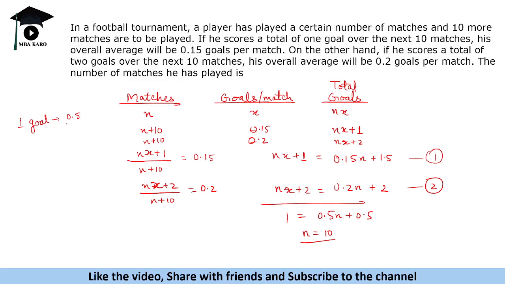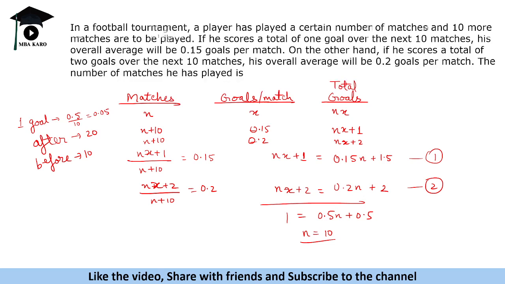So afterwards he must have played 20 matches, since 0.05 is the change in his average over 10 matches. So before, he must have played 10 matches in the tournament. Okay, so that is what we get as the answer to this question.